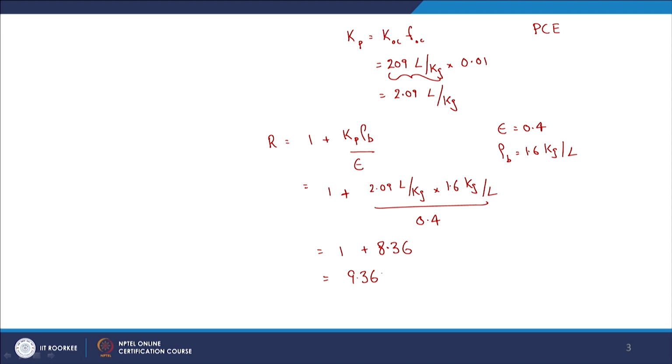Again, what does this give you an idea about, right? It tells you that if the mass of the contaminant present in the dissolved phase is 1, the mass of the contaminant adsorbed onto the soil is 8.36, right. So, the ratio is 1:8.36. That gives you an idea about the time required to pump the water out.